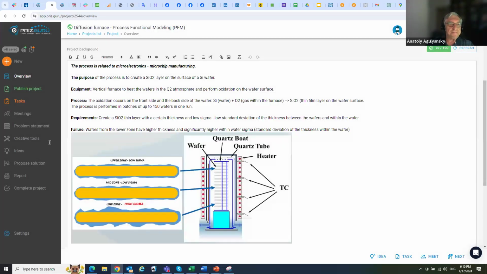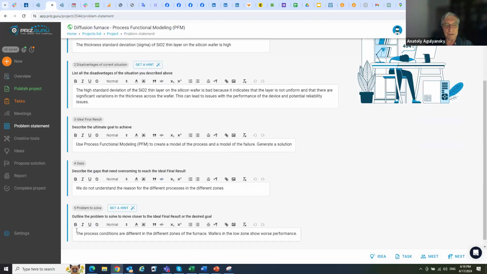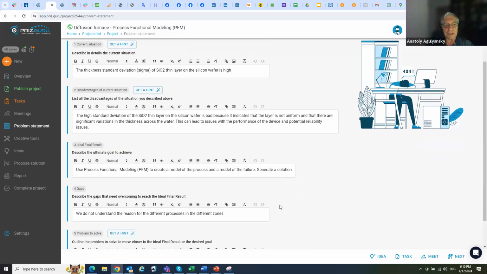So I will skip the problem statement. Here we also have AI. The problem is in the bottom part of the furnace, the thermal conditions are different.